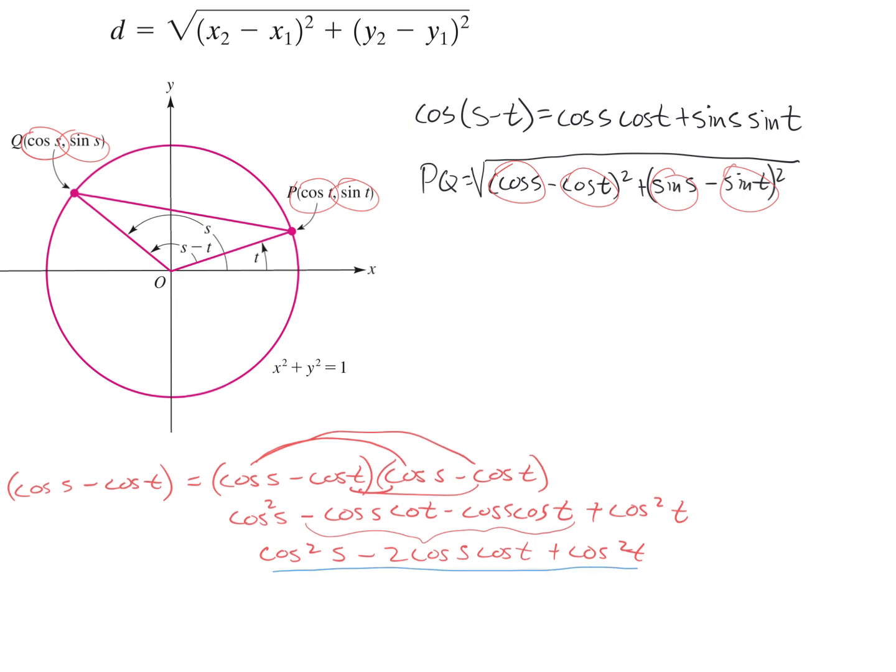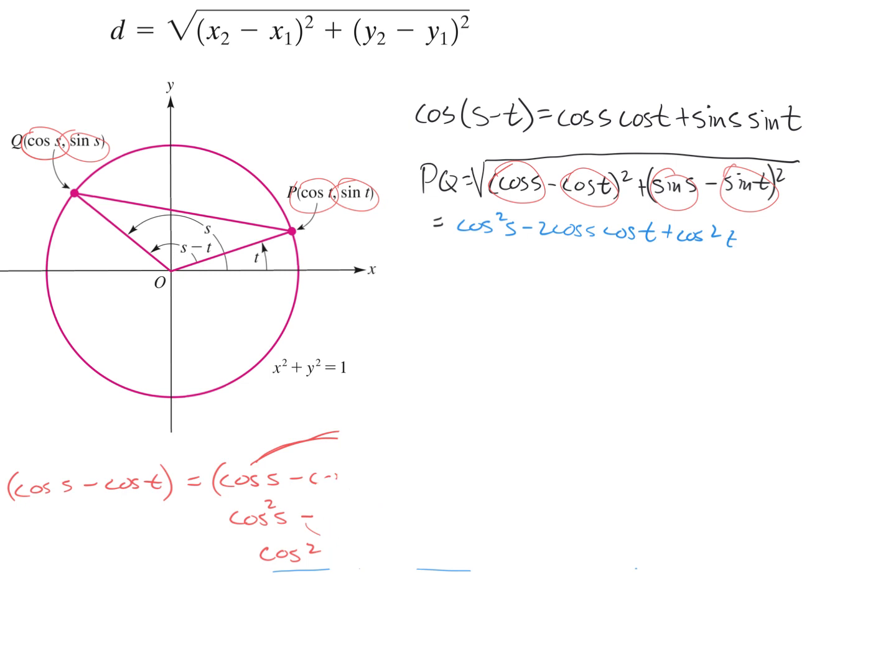So I'll have equals, and then in blue is the cosine squared s minus 2 cosine s cosine t plus cosine squared t. And then what I have to do is add in this last part, where I'm going to erase this stuff here to give myself some room. I have to then expand out the second one, which hopefully won't be so bad.